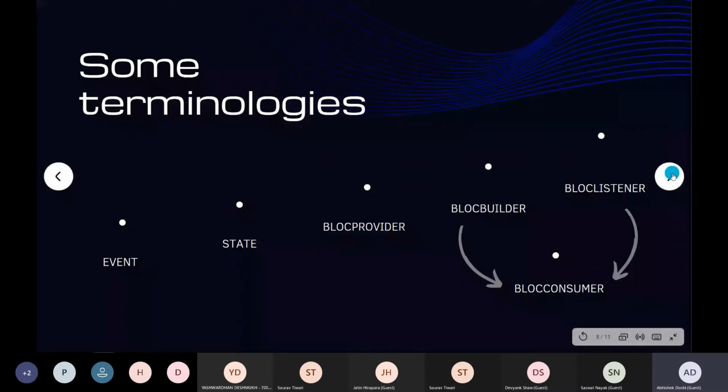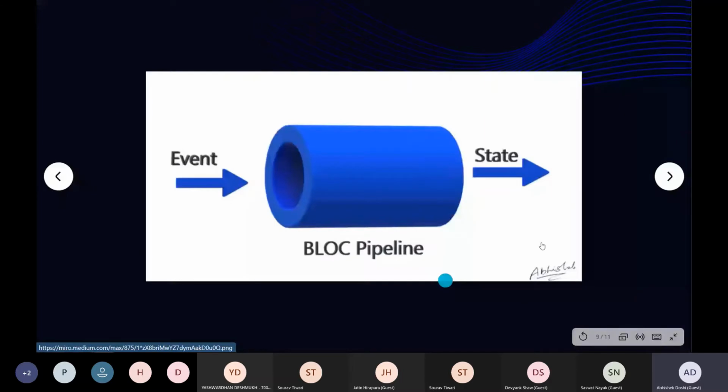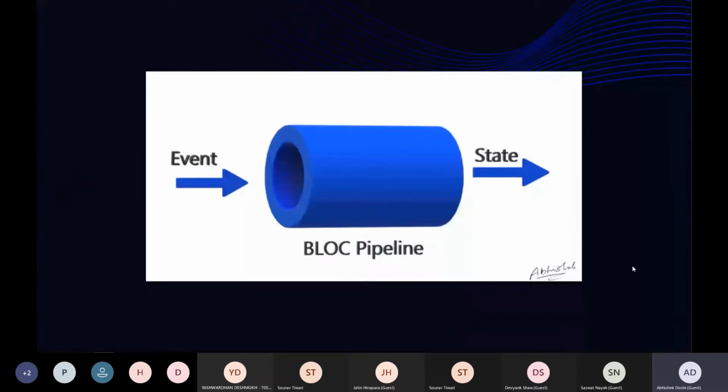Okay, so this is a simple drawing that I have created. Let's say you have a pipeline, which we name as the BLoC pipeline. From the UI part, you send the event, and from the BLoC, you get the state as the output. So whenever you are changing or performing any functionality, you have to fire the event, and in return, you will get a state.